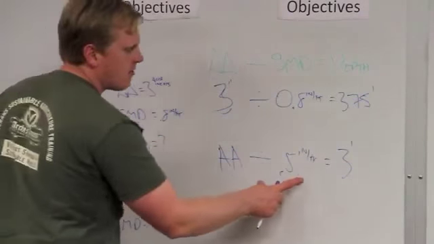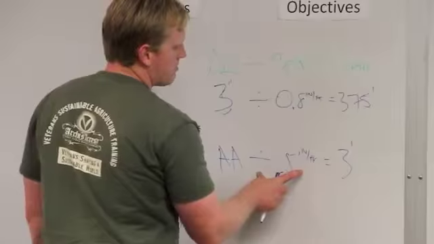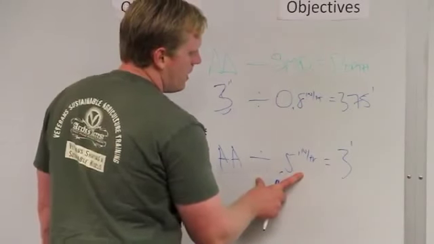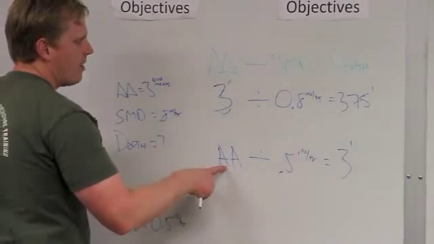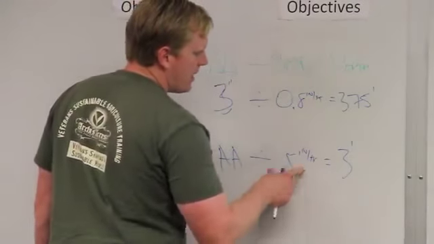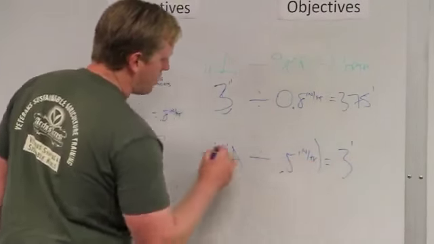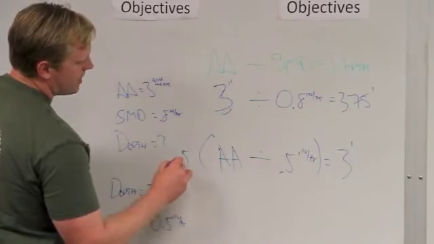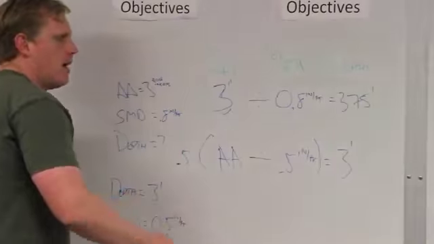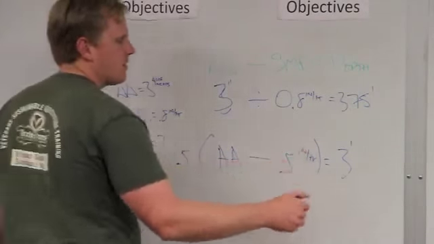So I've got to somehow get rid of this 0.5 inches per foot. I have to do the opposite of what it's asking me to do. If I have available water divided by 0.5, I can get rid of this 0.5 by multiplying it by 0.5. But whatever I do to this side, I then have to do to this side.